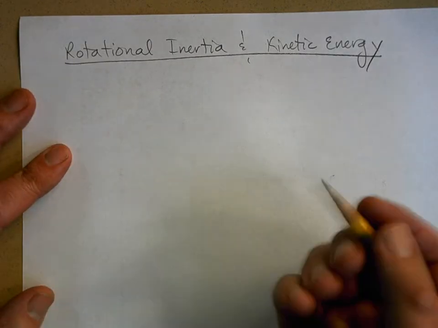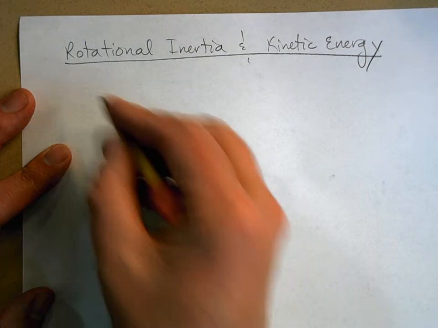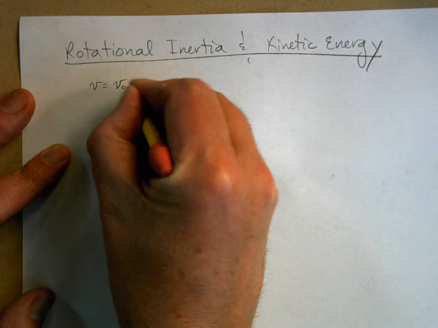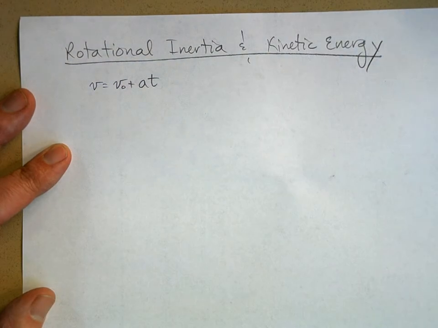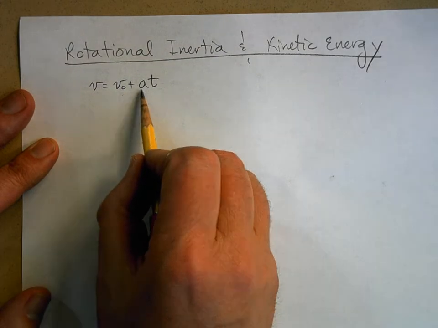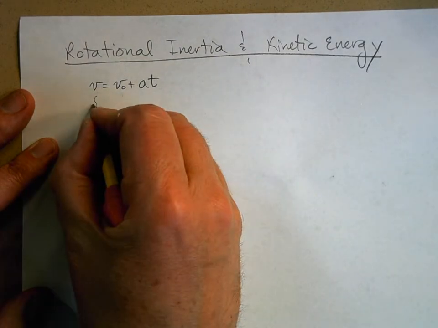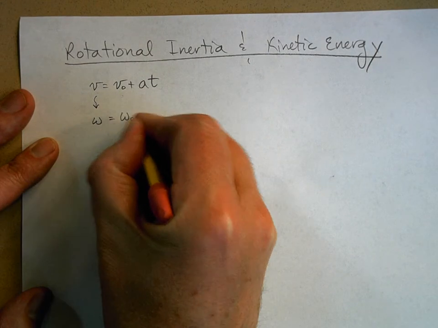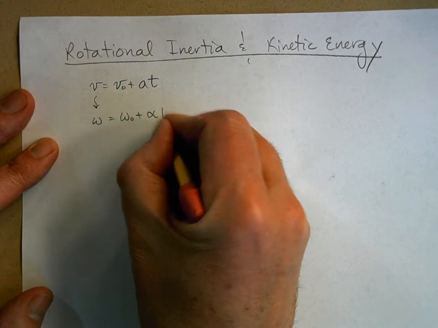So let's first review a little bit. We have v equals v naught plus at. This is for linear velocity, equals our initial linear velocity plus acceleration times time. Well, we have analogous variables: omega naught plus alpha times t.